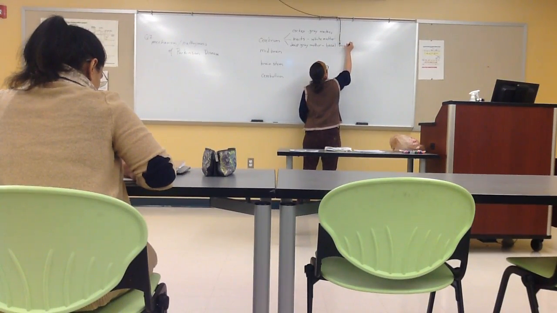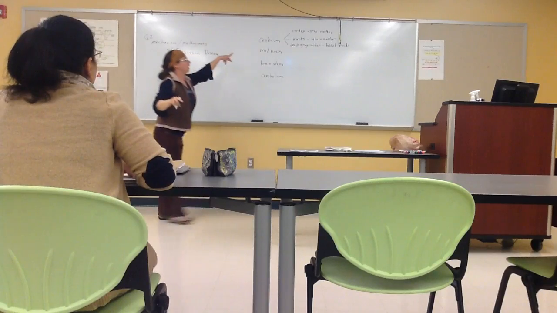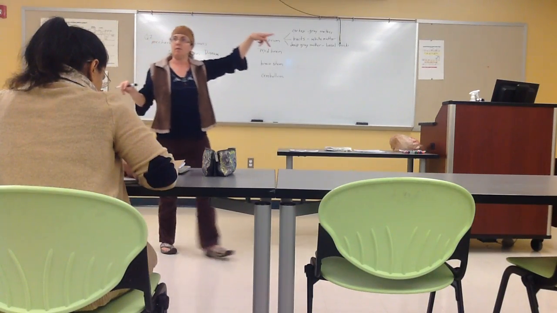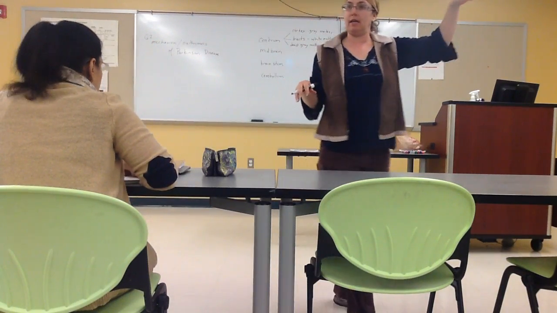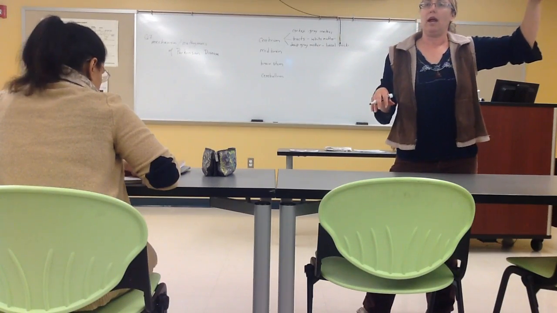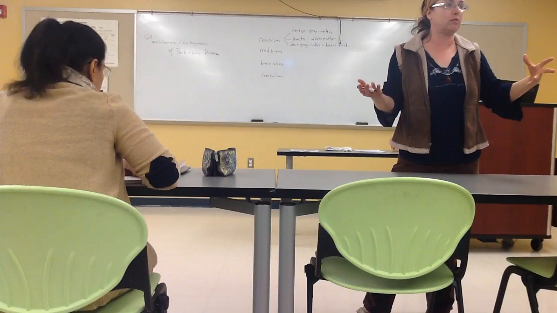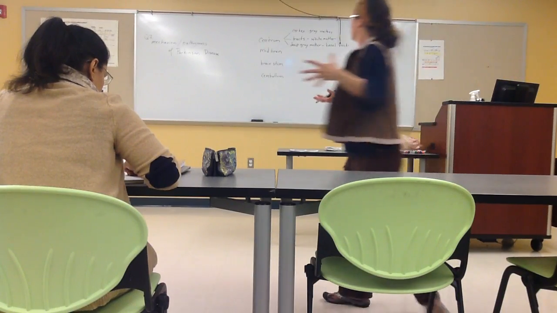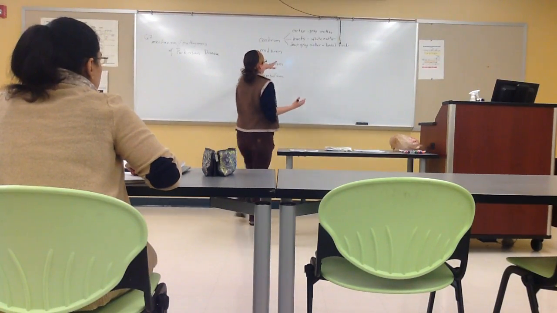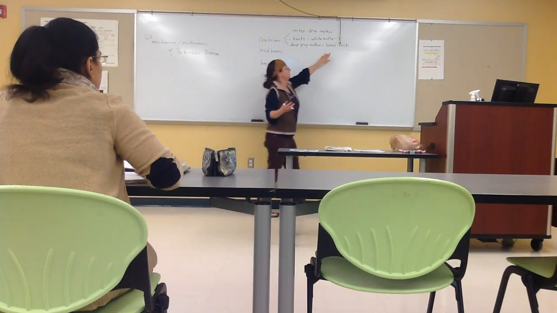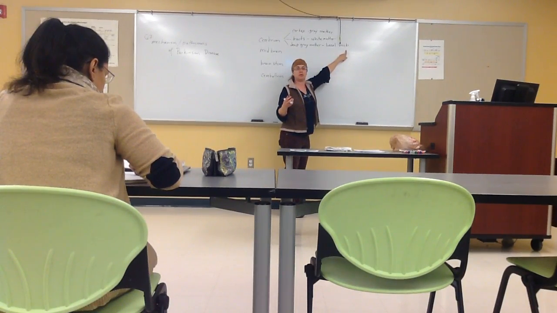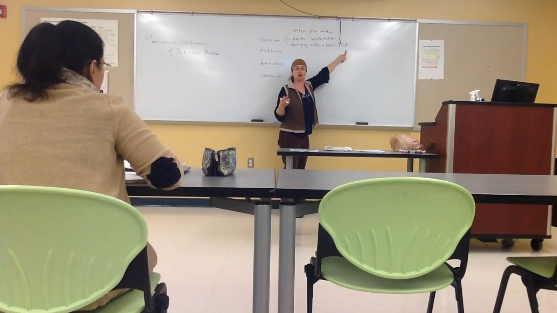Because when we think of gray matter, we're thinking of non-myelinated neurons, right? And predominantly cell bodies of neurons. You guys remember that? So then when we think of gray matter here, again, nuclei. Nuclei is referring to the cell bodies of a neuron.